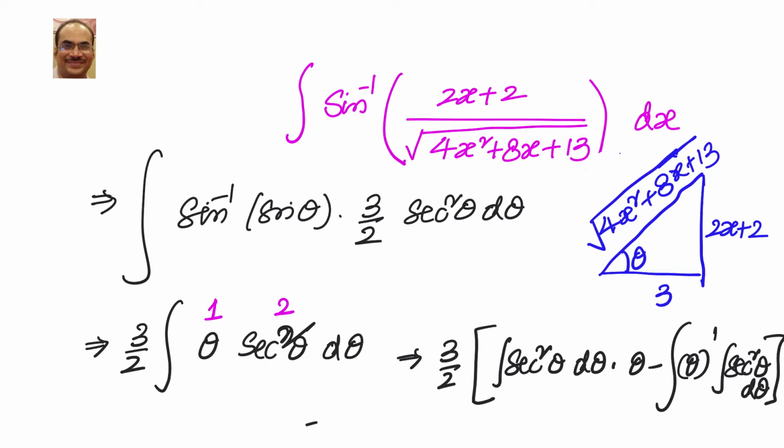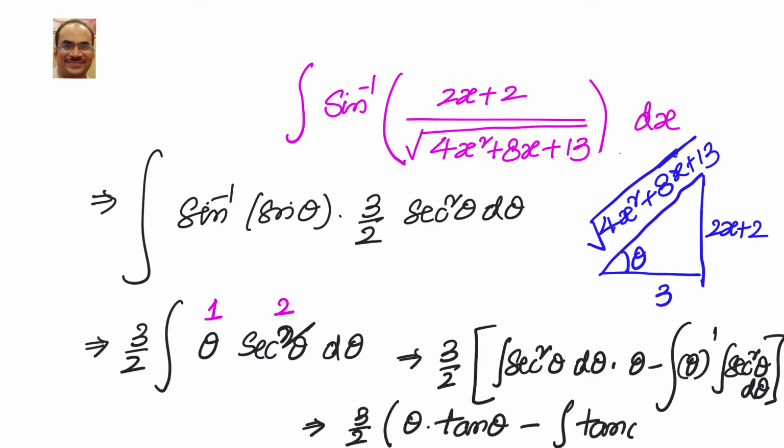So in the next step we will have 3 by 2 into theta into the integral of secant square theta, which is tan theta, minus the integral of theta's derivative, which is 1, and the integral of secant square theta is tan theta.